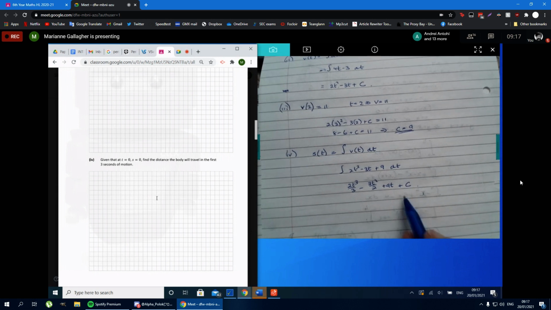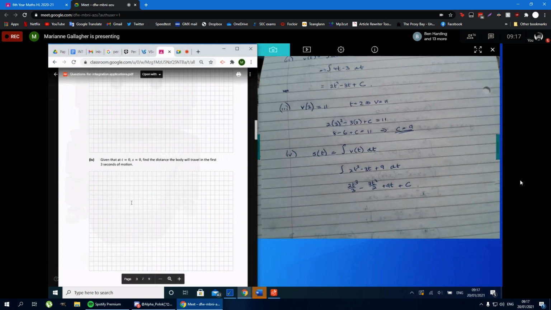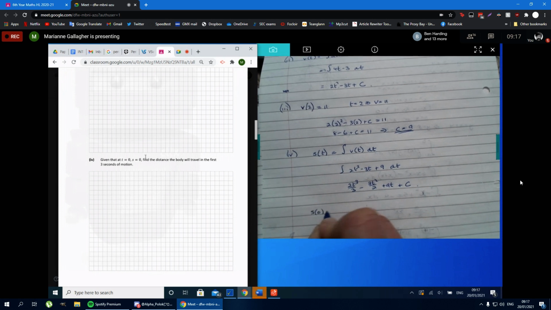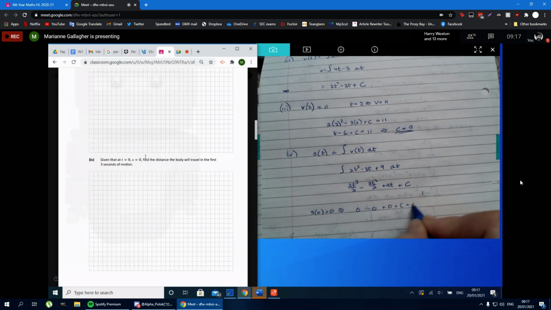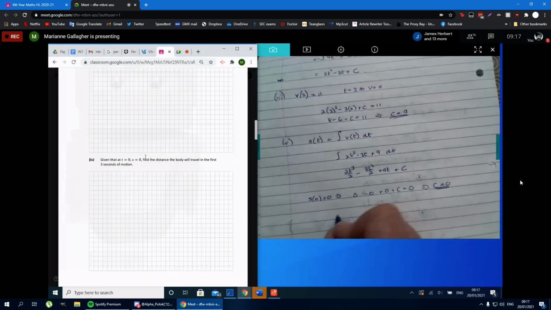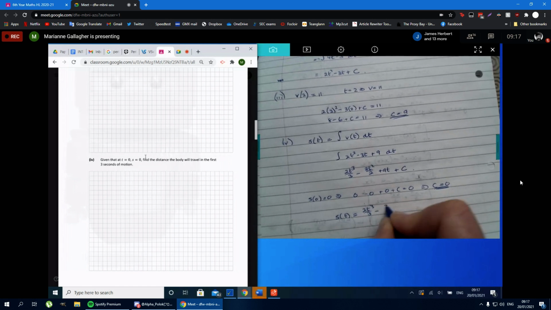To find that c, they tell us that if t is 0, s is 0. So s of 0 equal to 0 means 0 minus 0 plus 0 plus c equals 0. So c is equal to 0. So s is just 2t cubed over 3 minus 3t squared over 2 plus 9t.